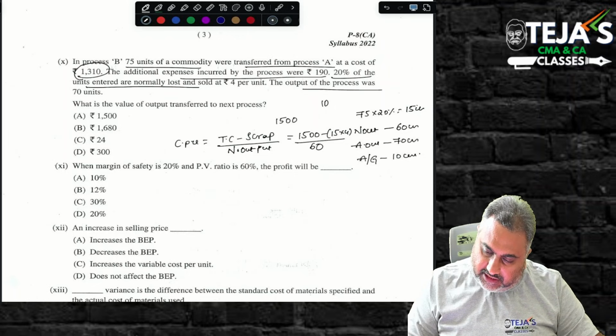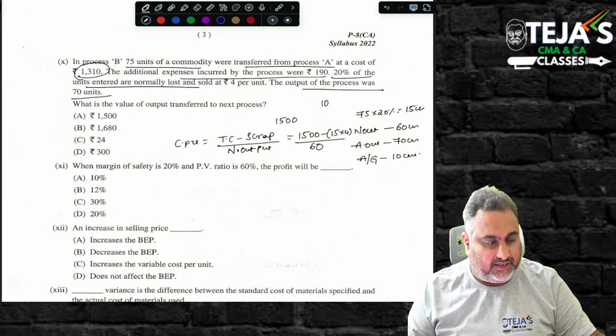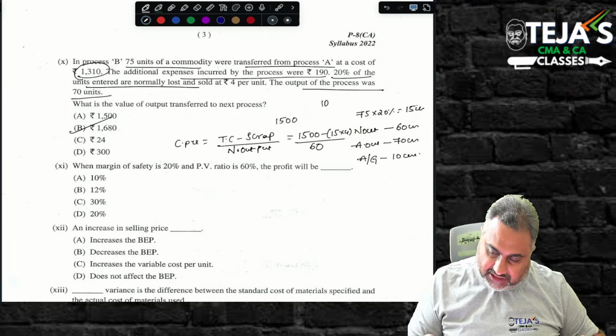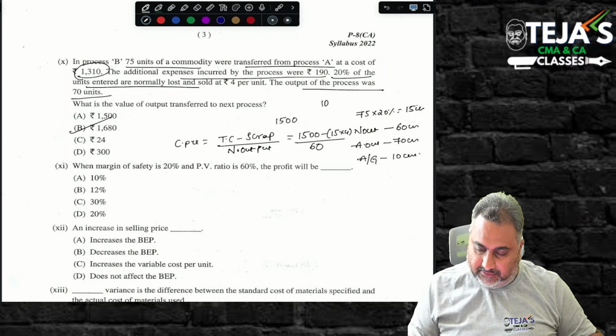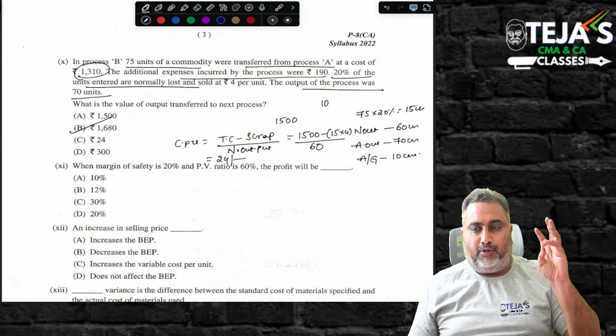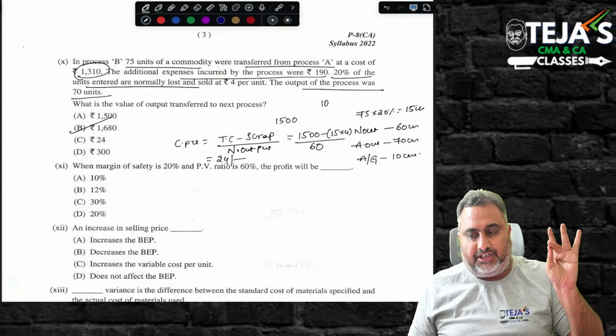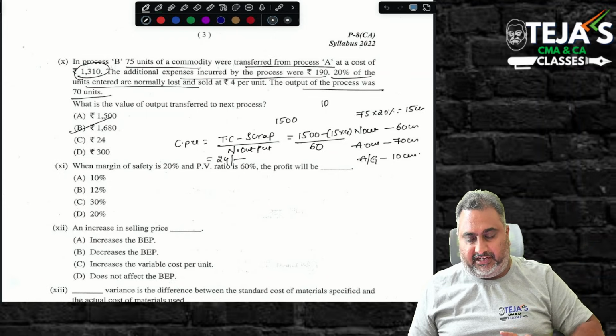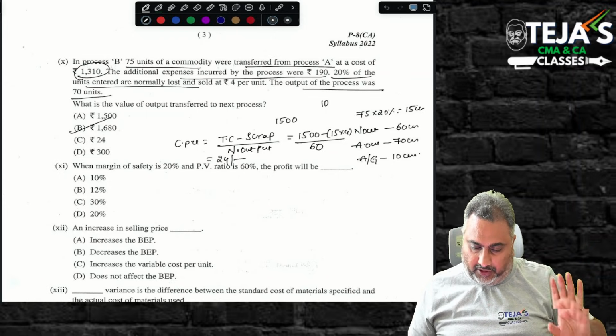But how many units are transferred to the next process? 70 units. That is equal to 1680, which will be our answer. Because we got the cost per unit as 24, the abnormal gain, abnormal loss, and units transferred to the next process depend upon the cost per unit. Got it?